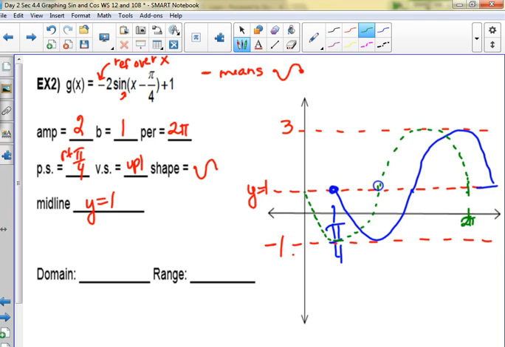And this spot in the middle would have been 1 pi. But everything's been shifted what? To the right pi over 4. So instead of being to the right 0, this is to the right pi over 4. Instead of being at pi, it's moved to the right pi over 4.